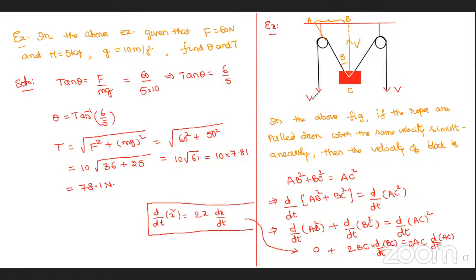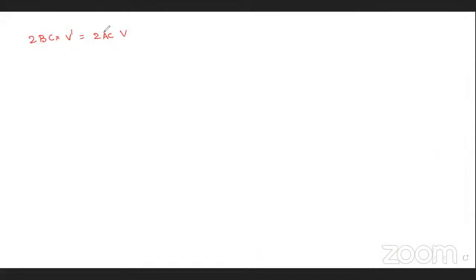Rope velocity is V. So I am writing d by dt of AC is V. So the 2 gets cancelled, and I require V dash. V dash is equal to V into BC by AC.